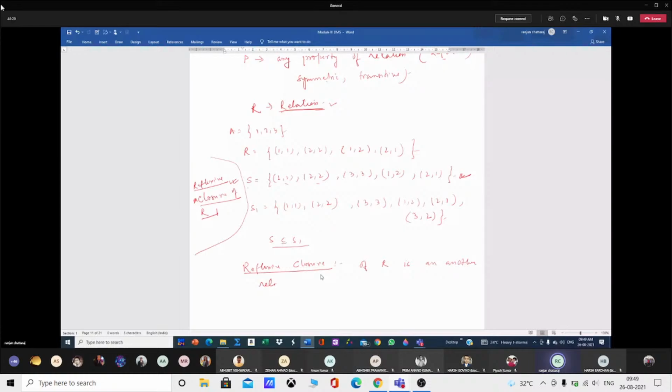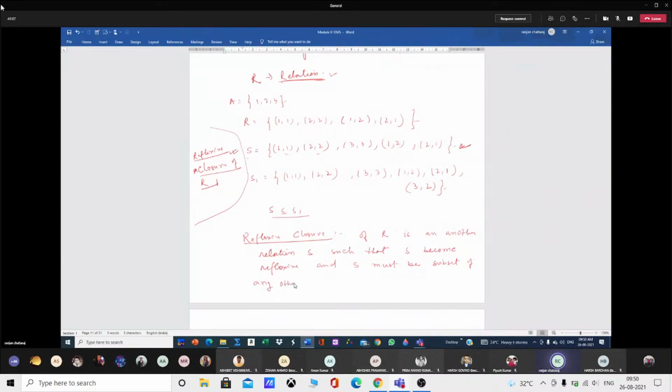The reflexive closure of R is another relation S such that S becomes reflexive, and S must be a subset of any other reflexive relation containing R. This is the basic definition.